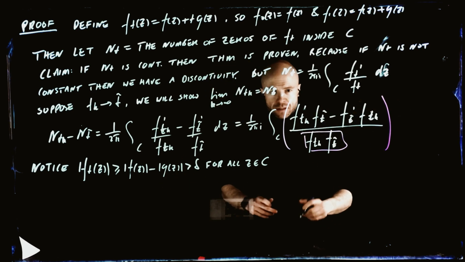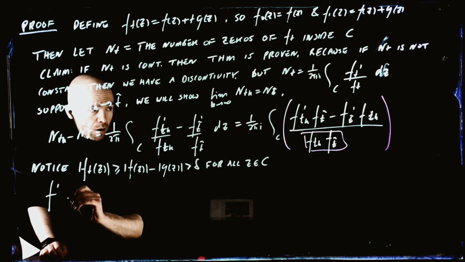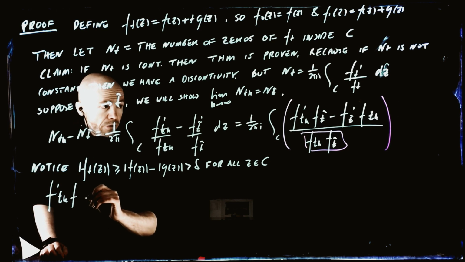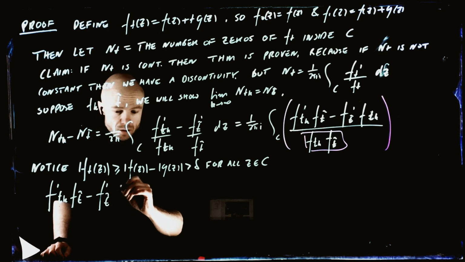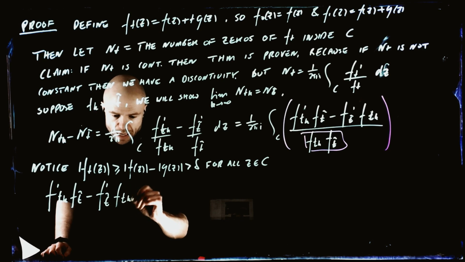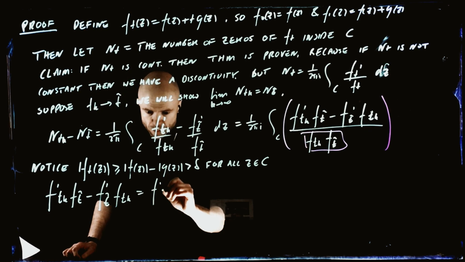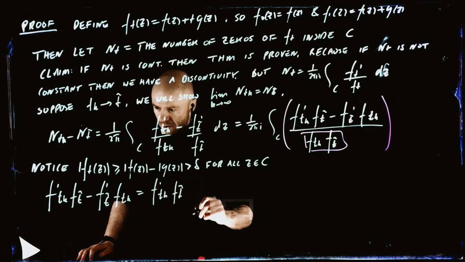So if we look at this expression here, f prime of tk, f of t tilde minus f prime of t tilde, f of tk, we want to consider something like this: f prime of tk, f of t tilde.